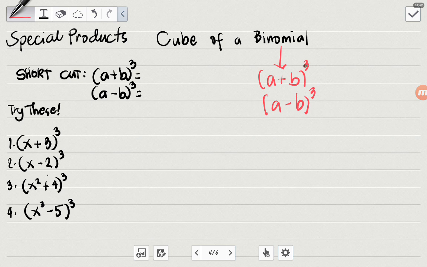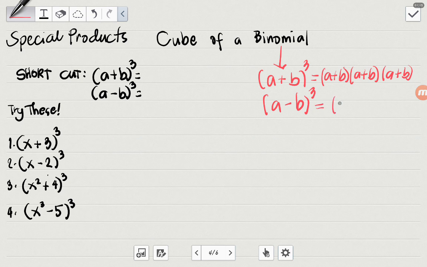Now, ano ba ibig sabihin ng cube of a plus b, or cube ng a minus b? So, that is the same as multiply the base by itself 3 times. So you have a plus b times a plus b times a plus b.